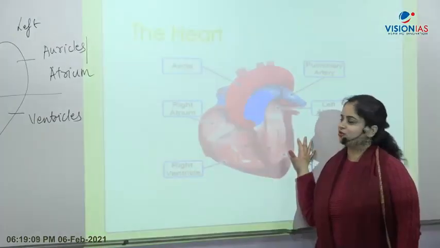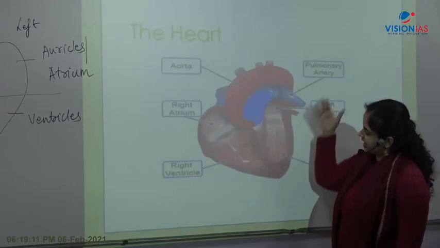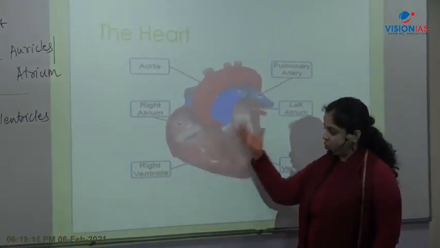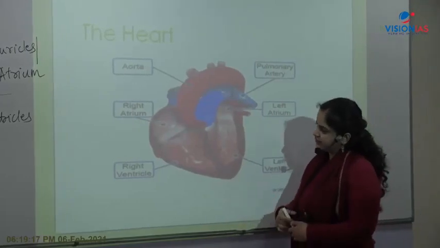Now see this actual structure, not the ones we draw. This is the heart being cut in between. It's been cut open so that we can see the different chambers.